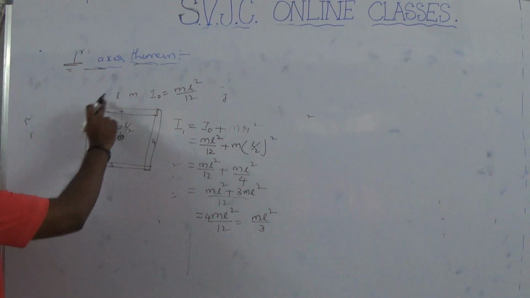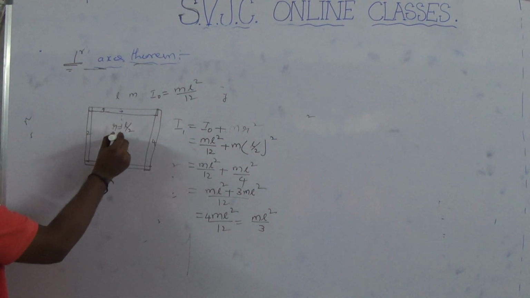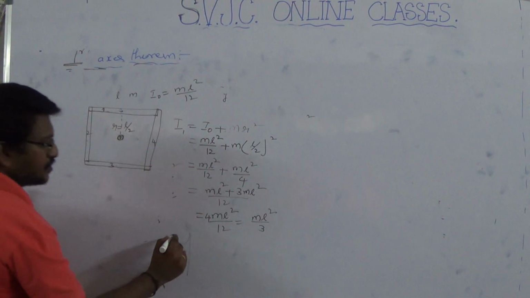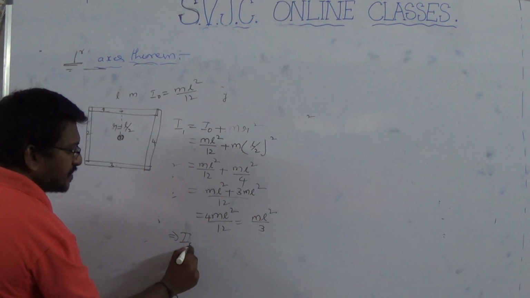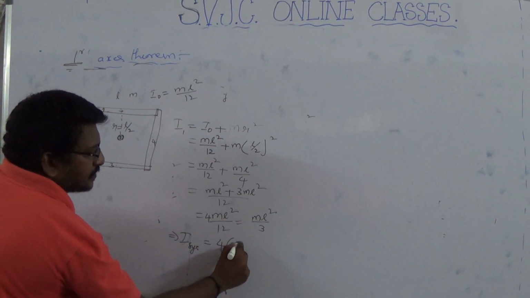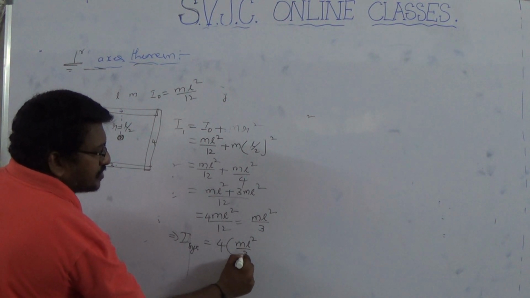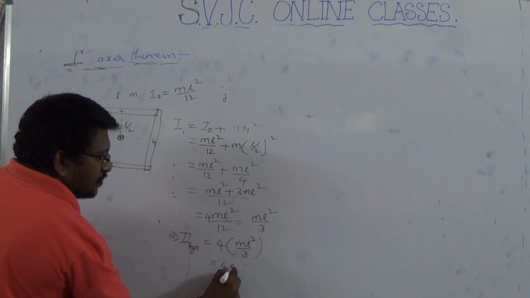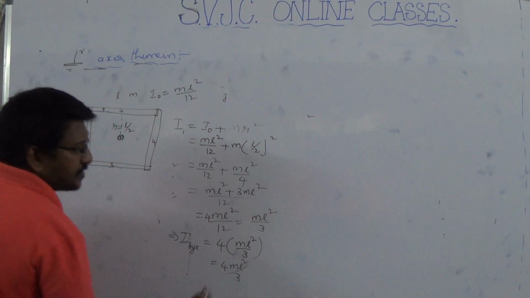So what is the moment of inertia of this total system with respect to the axis? 1, 2, 3, 4. So the moment of inertia of the system is equal to 4 into ML square by 3, which we can write as 4 ML square by 3.